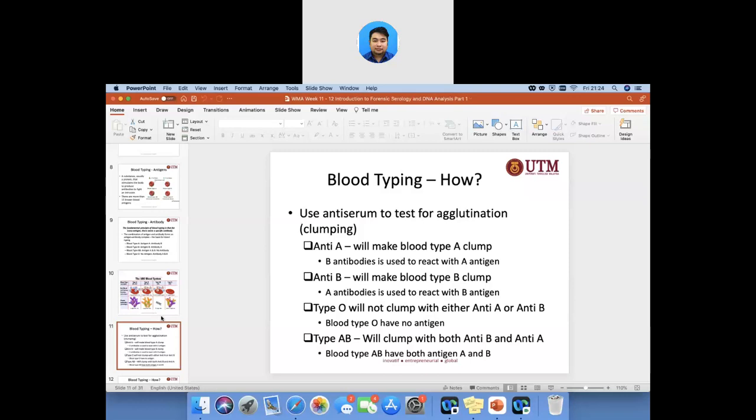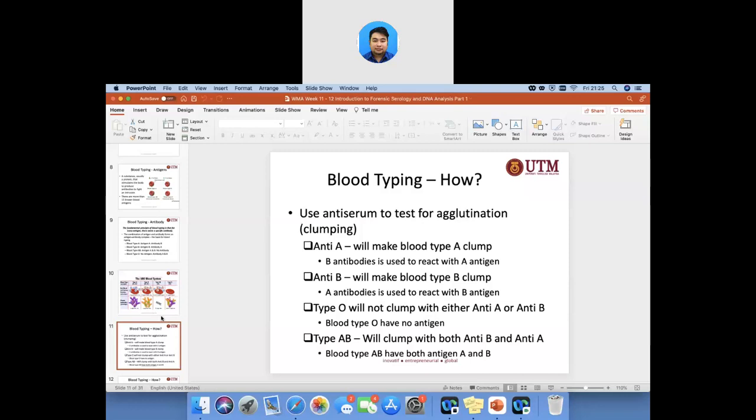Usually, you would imagine that you have four blood spots. So you put anti-A, you put anti-B, and you put both anti-A and anti-B.